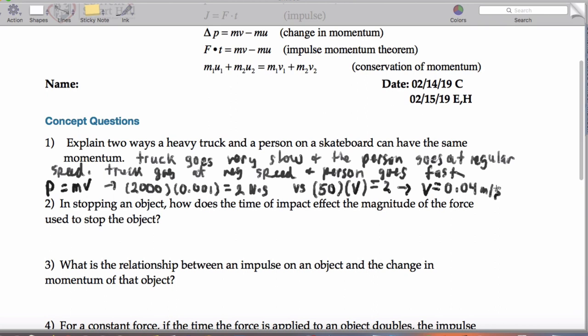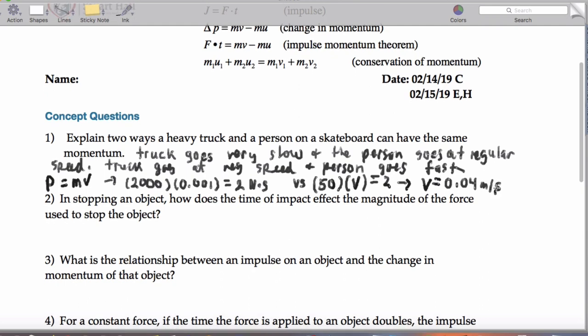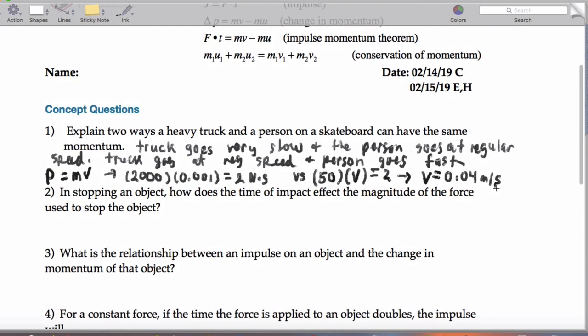So in other words, they would be moving at about 4 centimeters a second. So significantly faster. A very slow pace would definitely give them both the same momentum. So the big picture is you just basically play with the numbers to make the momentums match.